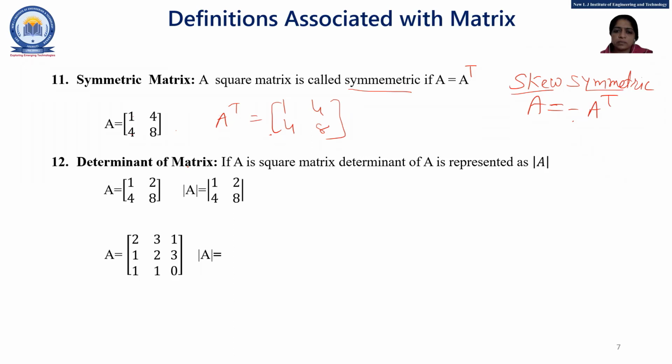Determinant of a matrix. If A is a square matrix, the determinant of A is represented by, I think you already learned this determinant in your 11th, 12th standard, right? So for this matrix A, the determinant is 2, 3, 1, 1, 2, 3, 1, 1, 0, with the determinant sign.